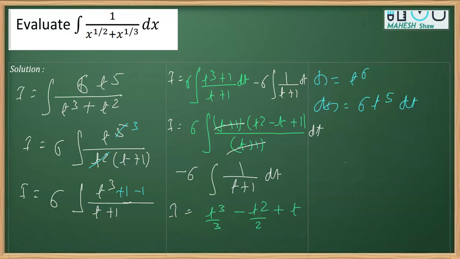Now for the remaining part, we have minus 6 log mod t plus 1. Now, the final thing is to substitute wherever there is t with x. So t is actually x raised to the power 1 by 6.